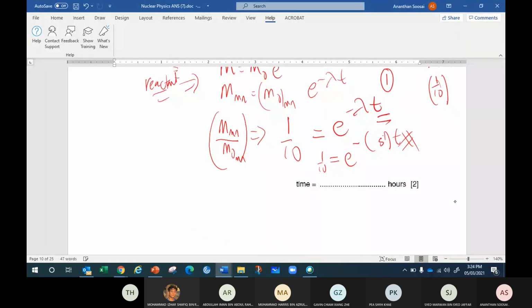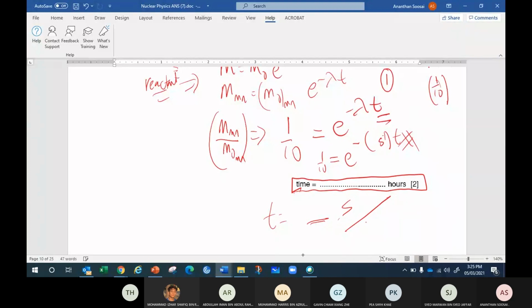Then the time you're going to get is in seconds, right? But you see Cambridge, they want it in hours. They're just testing your unit conversion. So once you got per second, what do you do? You just divide by, of course, hour.